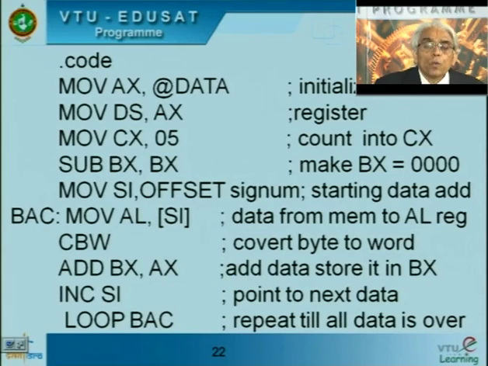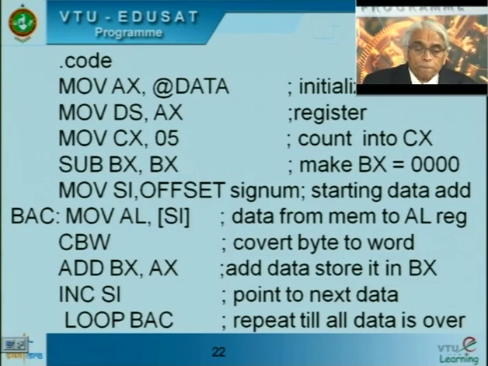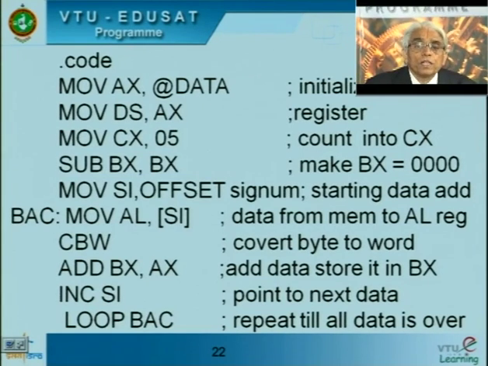So AH will hold the sign extension of AL. Now since BX is already equal to 0000 hex, we add AX and BX and store the result back into BX, so that we have the value after the addition in the BX register. Then we increment the pointer to the next location. This incremented pointer will point to the next data, and then the process continues.